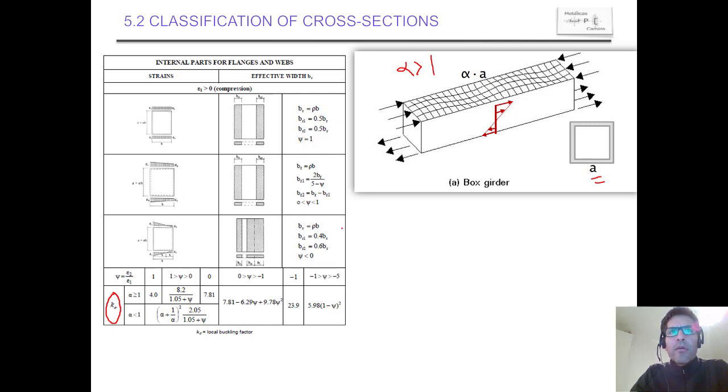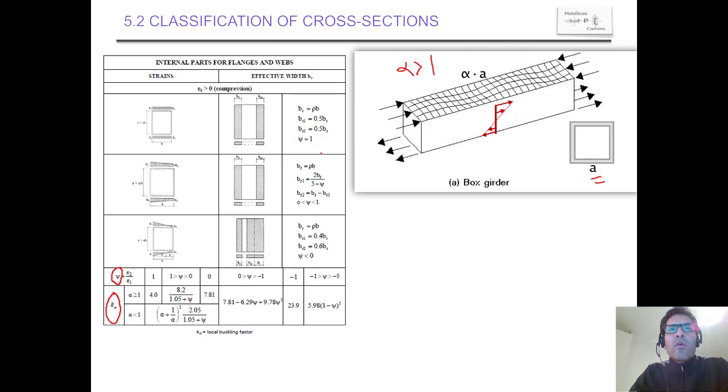We have rho, we have sigma, and we have the way of putting the effective area in the section. The question is, if this is a class 4 panel, how big is the effective width and where is that effective width?